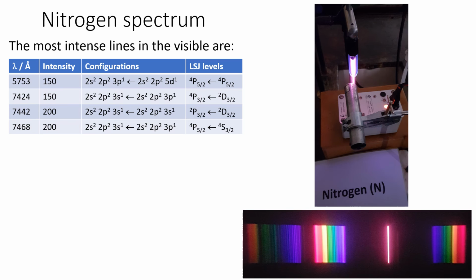That's the 5/2. And so actually this is something that we do associate. When you see a fraction there for J, that's something you'd associate with an odd number of electrons outside closed shells.